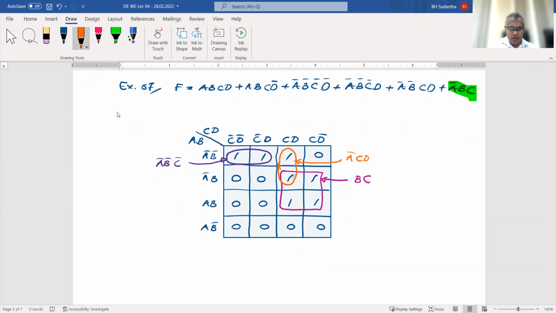Okay. Then our equation is A bar, B bar, C bar, A bar, CD plus BC.